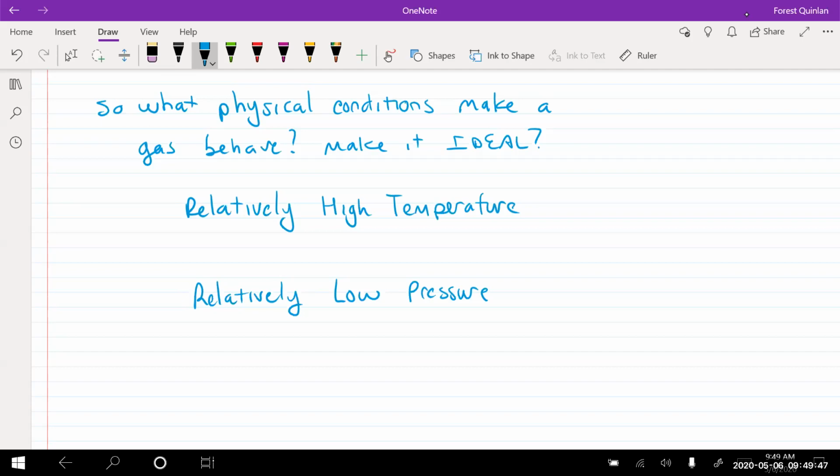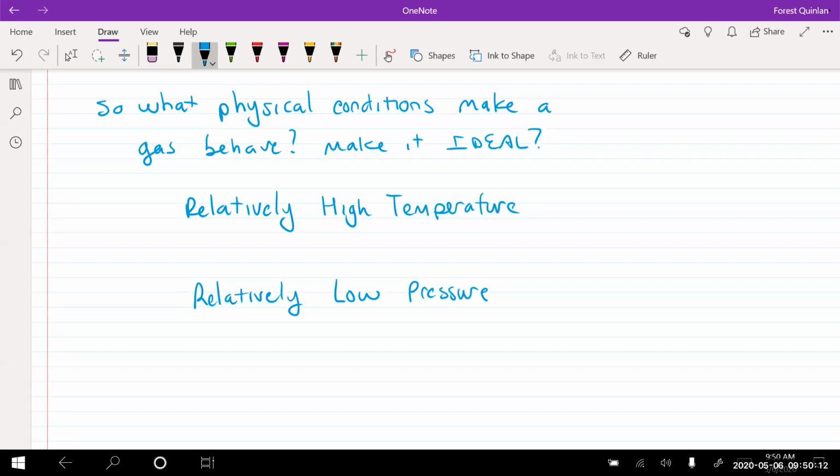So when we think about relatively high temperature, I put relative because who said the octet? Angel, yeah. So you were thinking about all of those non-metals that we look at as gases: fluorine, chlorine, sulfur dioxide, carbon dioxide.